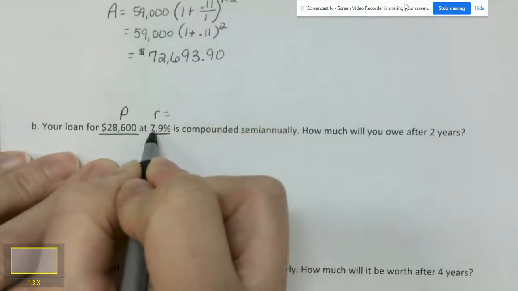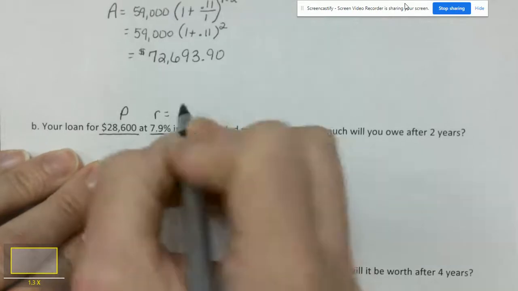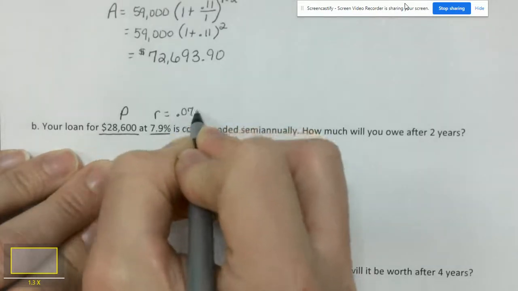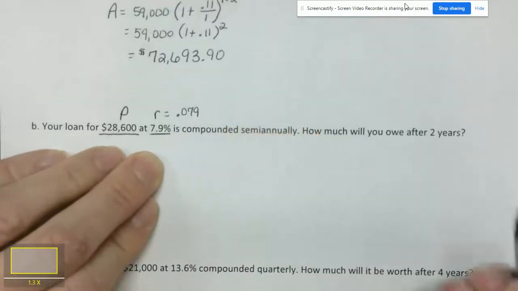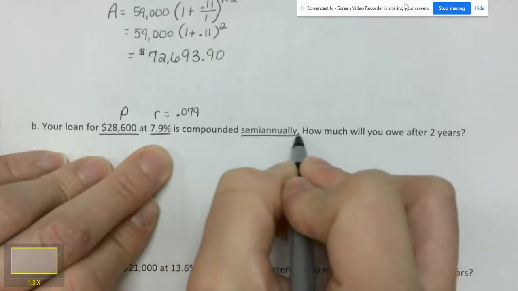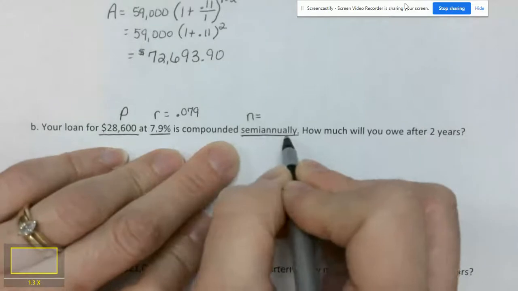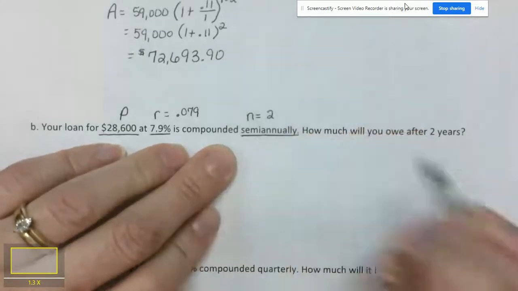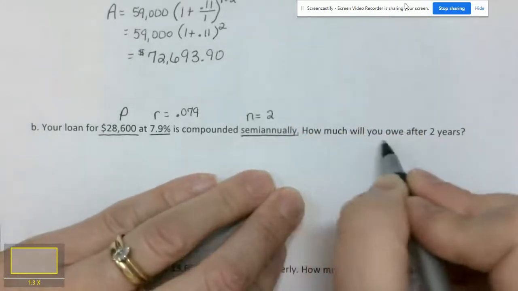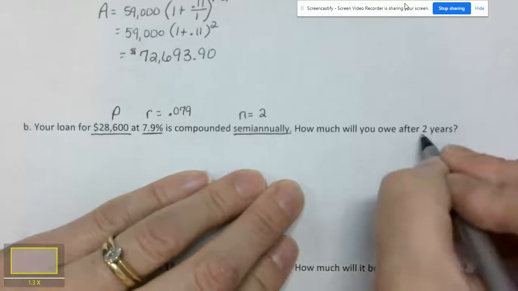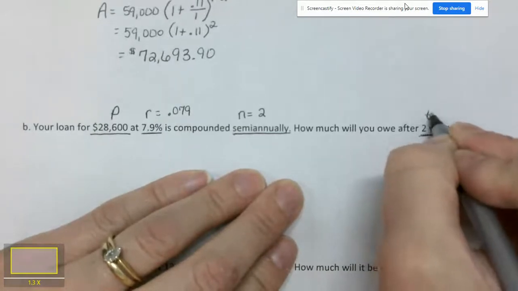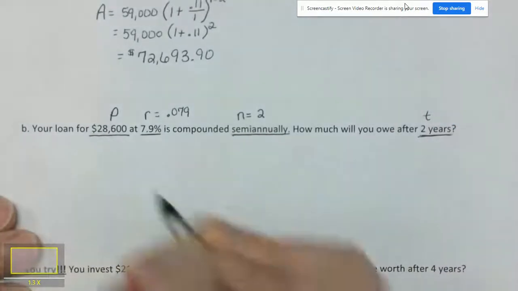So it's 7.9. So if I move that back 2 places, that's going to be 0.079. That's my rate. Compounded semi-annually, that's my N. And semi-annually means twice a year, so that means my N is 2. How much will you owe after 2 years? So that's my T.